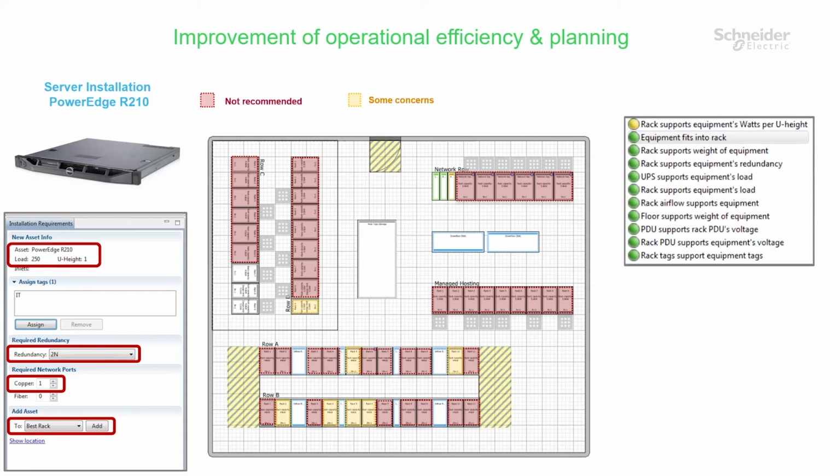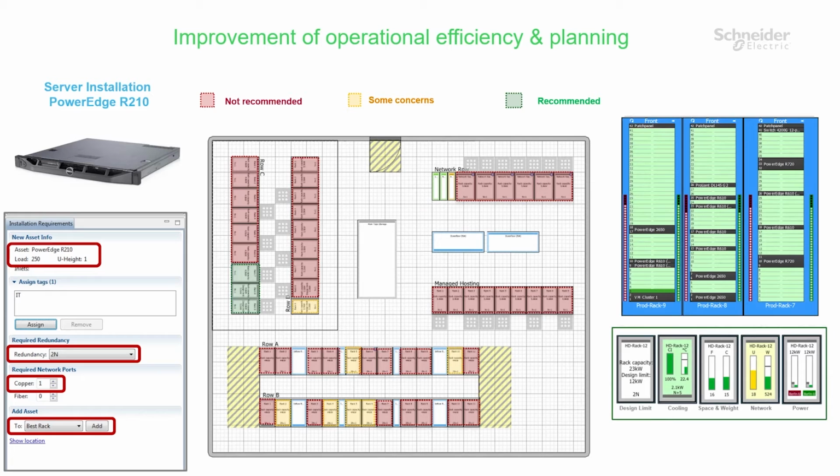It also shows places where the device could possibly be installed, but these places are not the best choice. And of course it indicates with the green color the best possible racks and places for the installation of the new device, where we're going to find all required resources, like cooling, space, network connectivity, power, and also applying all policies and design limits that the operator has to consider during the planning time.